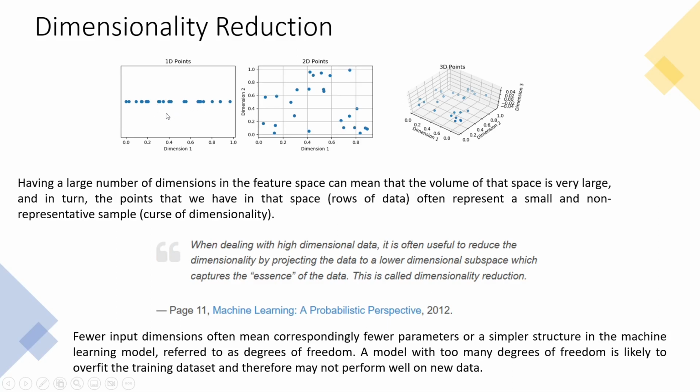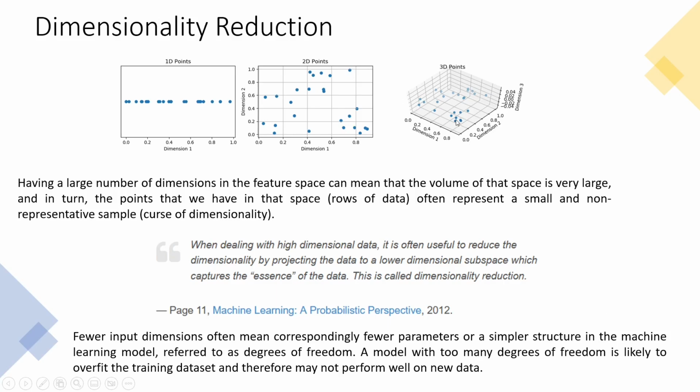We just added one dimension to carry the 1D to 2D. We add another dimension to carry 2D into 3D. As you see, as we add more dimensions to the data, the points split apart.